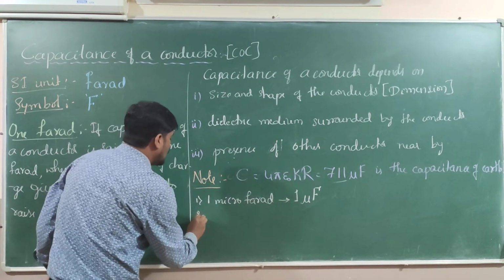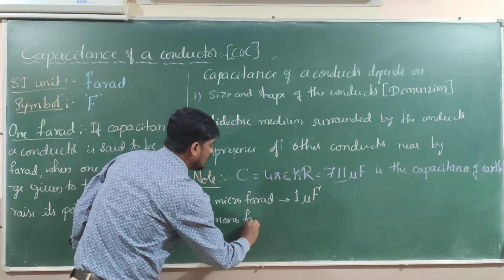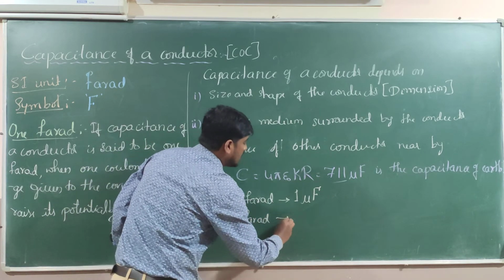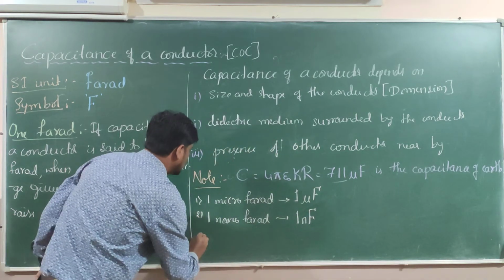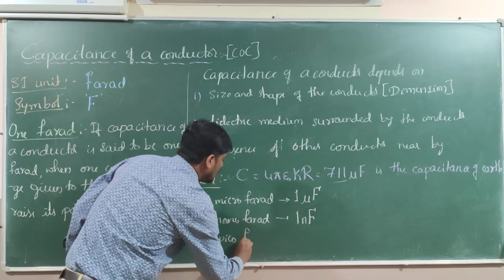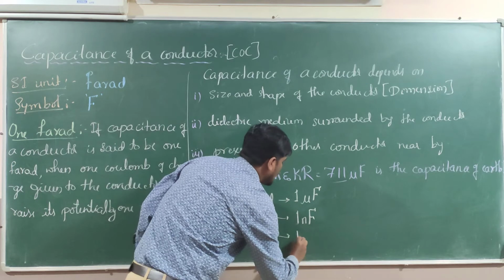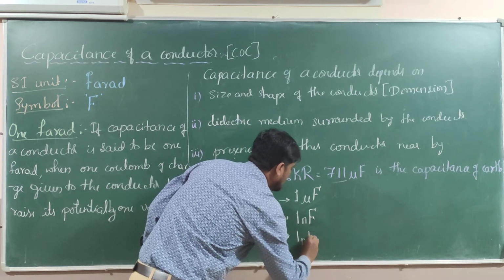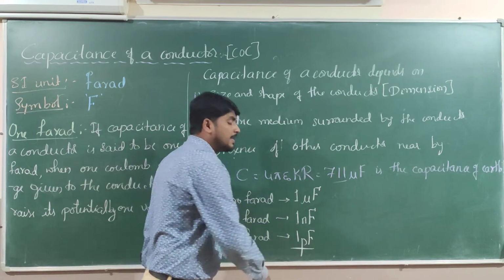Second one is 1 nanofarad, that is 1 small n capital F. The third one is 1 picofarad, P-I-C-O-F-A-R-A-D, that is 1 small p capital F. This is our experimental value.